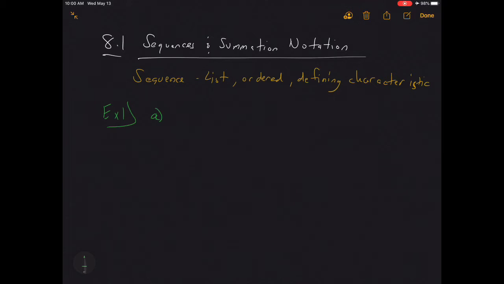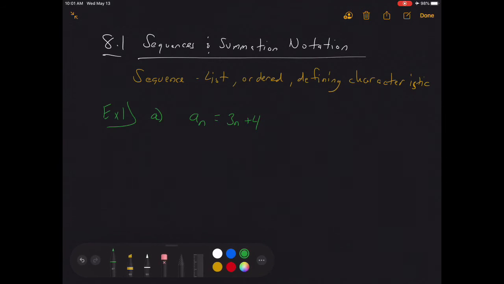The first thing is A sub n is how we define the sequence. Now the sub n part is telling us which term of the sequence we are talking about. So if I define A sub n to be 3n plus 4, and I want to find the first term of the sequence, well, n itself defines the number term.